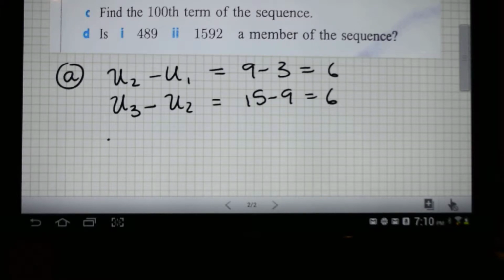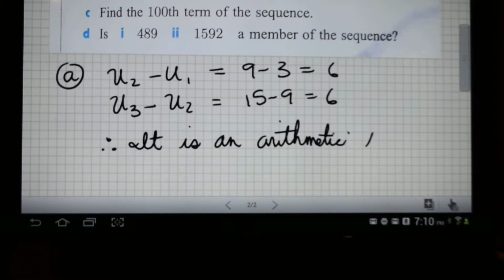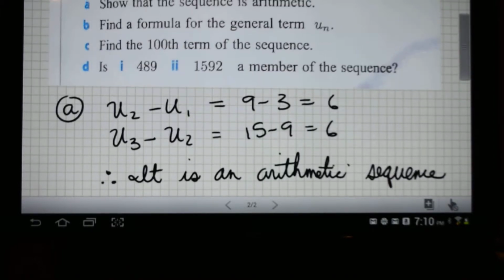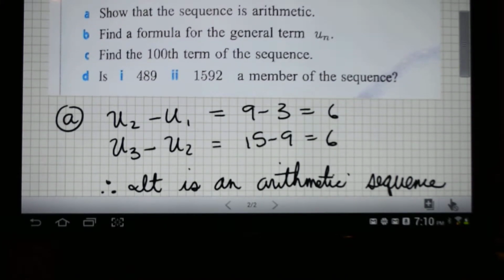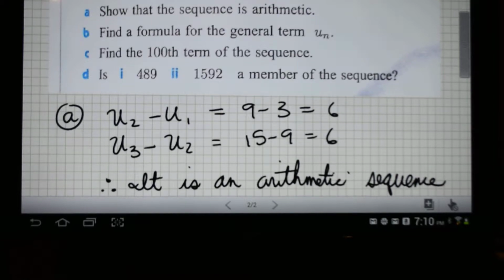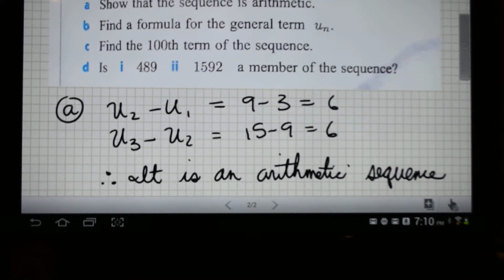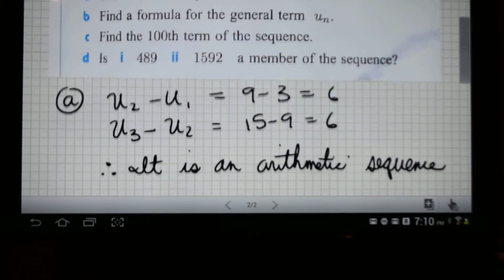Therefore, it is an arithmetic sequence. So the book did several pairs, but you could do more, but usually in DP you just have to do 2 pairs and you're good.